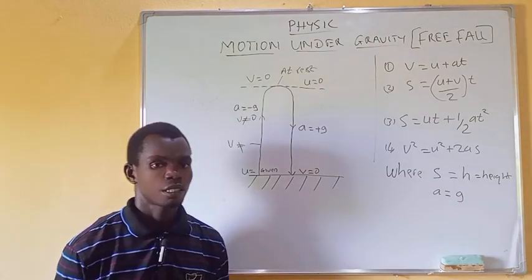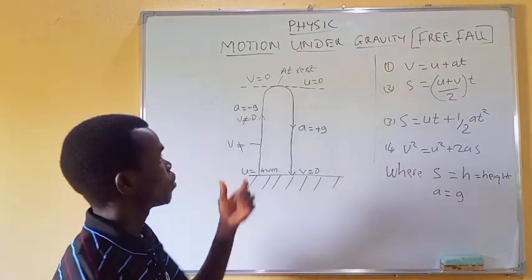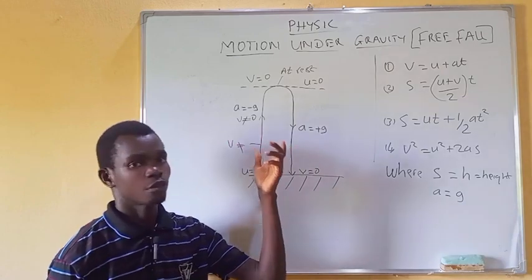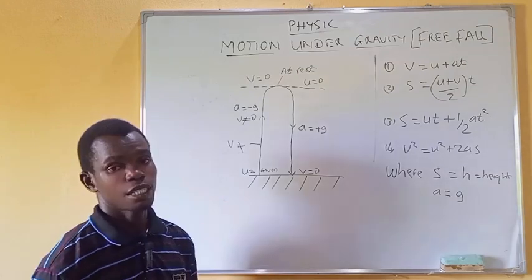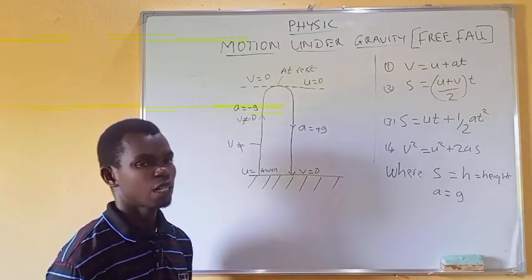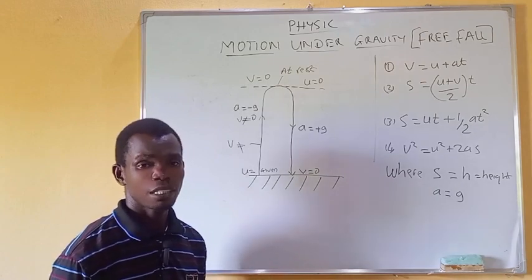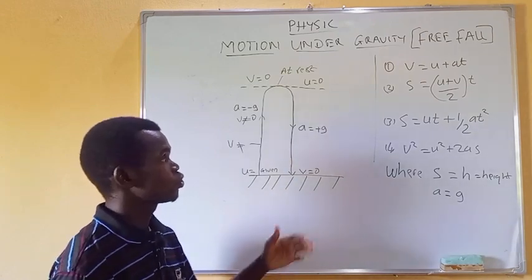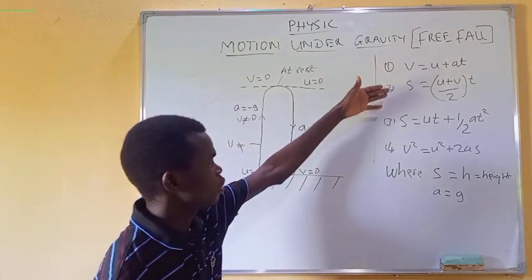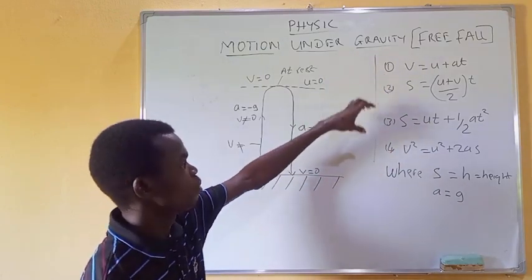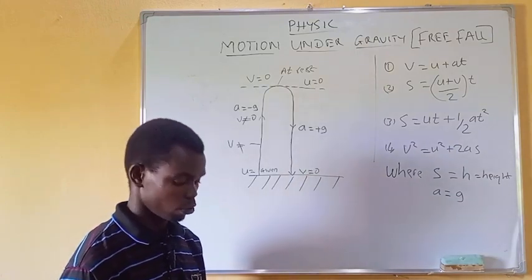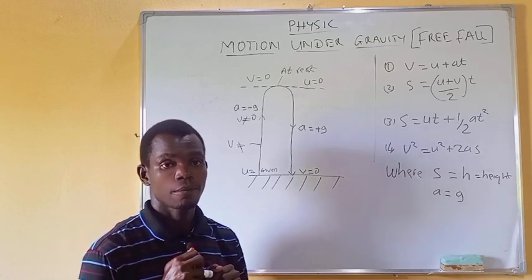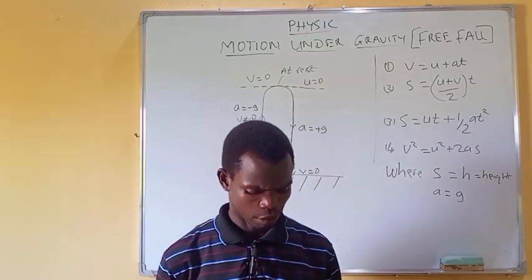And as I told you earlier on equations of uniformly accelerated motion, three parameters will be given, and you will choose from these four equations the one that will best suit the question. So let's go to question 1.